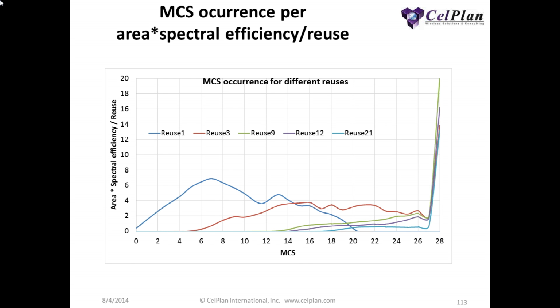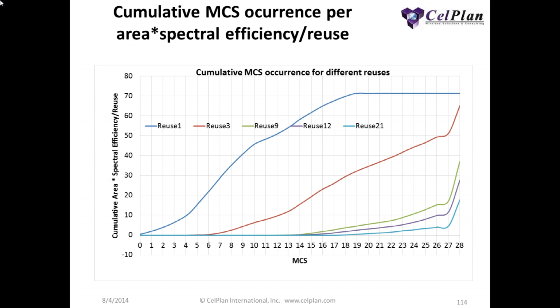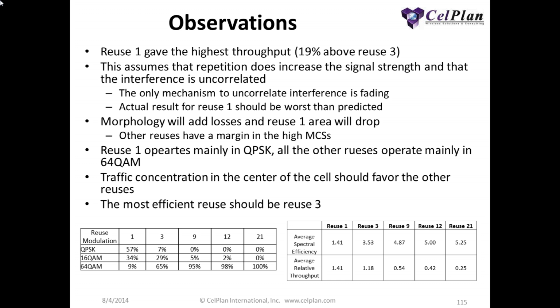Here we use the spectral efficiency, and again then the cumulative throughput, and you can see here that those two are very close in the end. So reuse 1 gave the highest throughput, 19% above reuse 3, but it has some deficiencies.